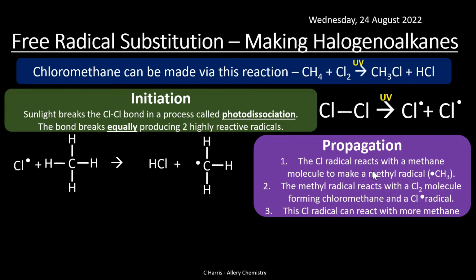So let's split this up and see what it looks like. You can see there's your Cl dot, there's your radical that was formed in the initiation stage. It reacts with the methane molecule that's just floating around here. And then effectively the chlorine radical takes the hydrogen to form HCl. But then you've got another radical here, which is CH3 dot.